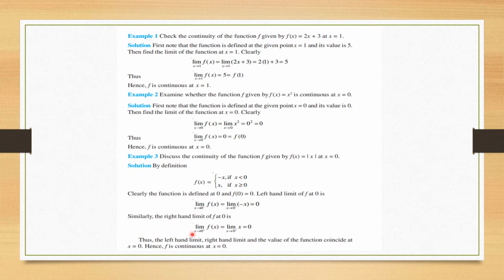It turns out to be 0, and the right one is also 0. And what is f(0)? At x = 0, the function is also equal to x. That means f(0) will be equal to 0. So we find that the left hand limit, the right hand limit, and the value of the function at x = 0 all turn out to be 0. Hence the function is continuous at x = 0.